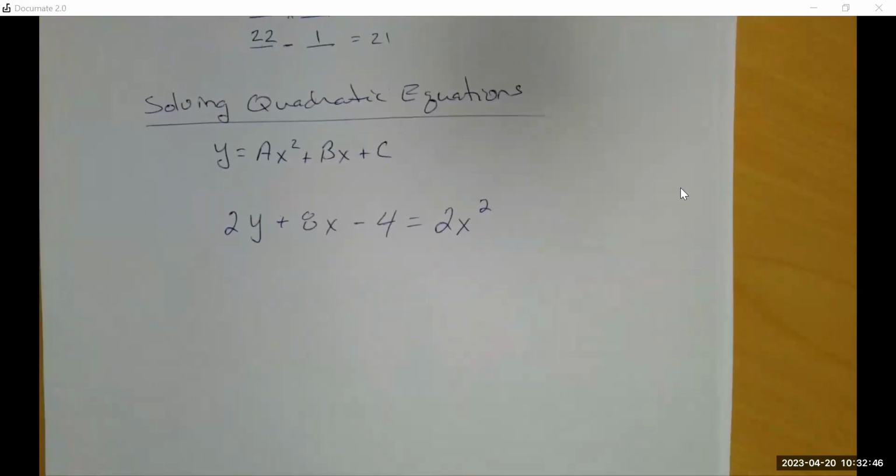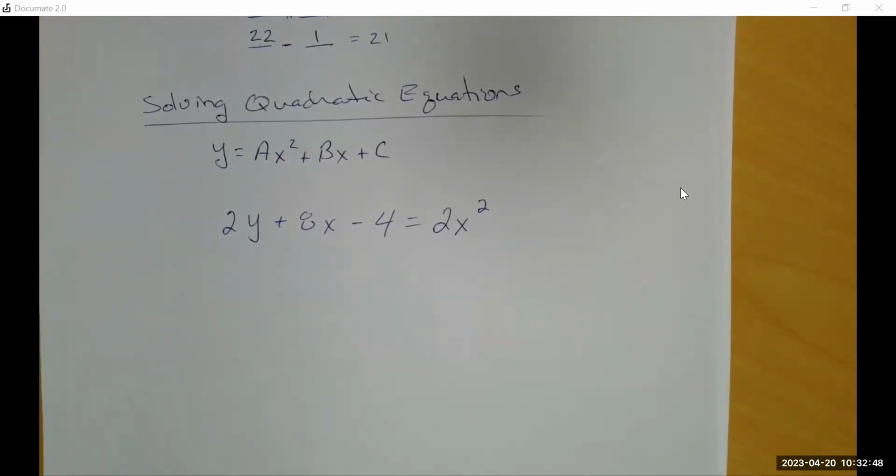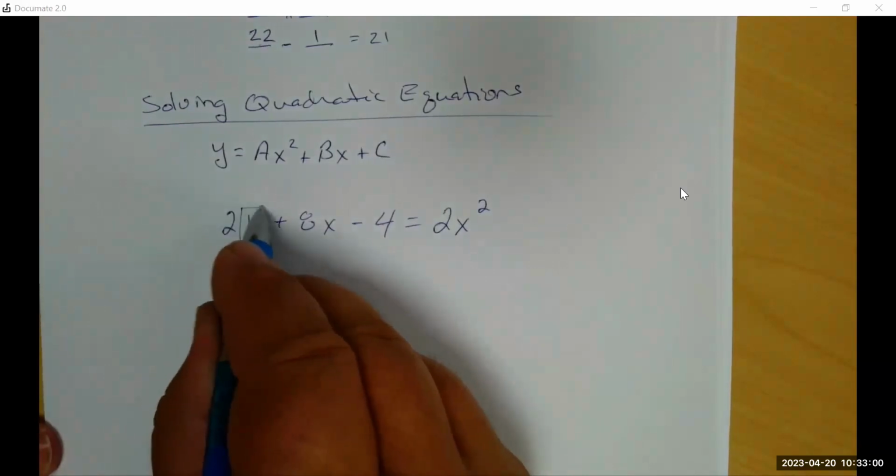If I gave you an equation like this, could you solve it the way it is now? No. What would you have to do? You have to get the y by itself.